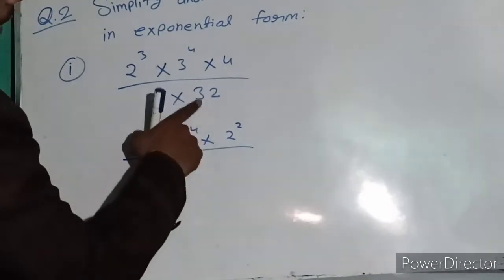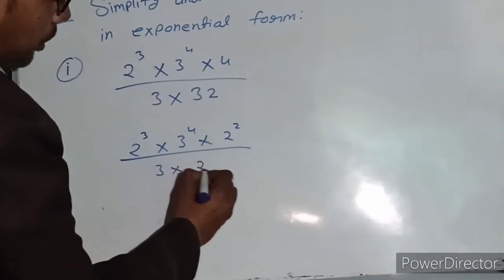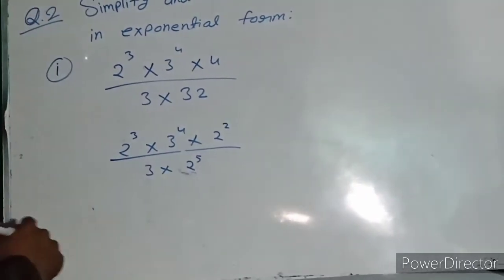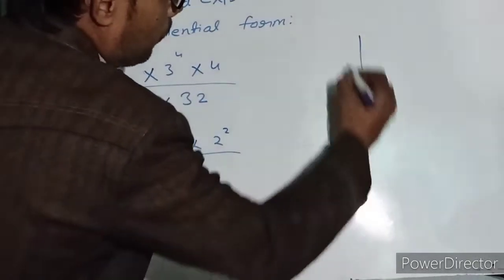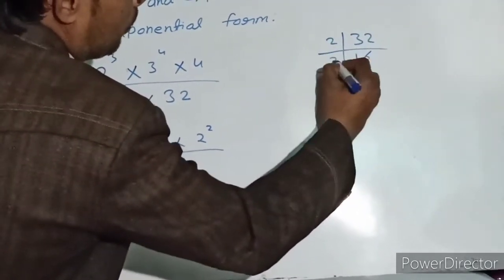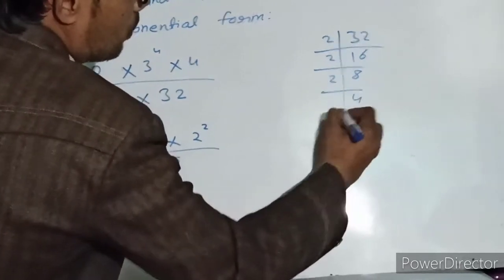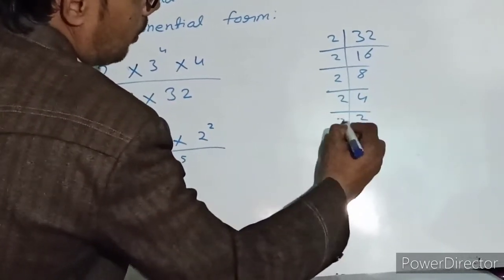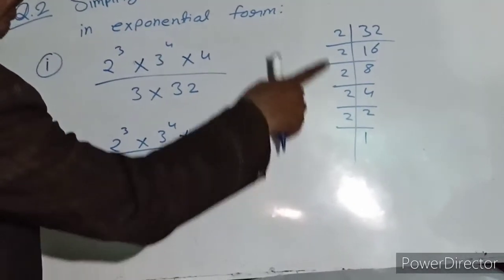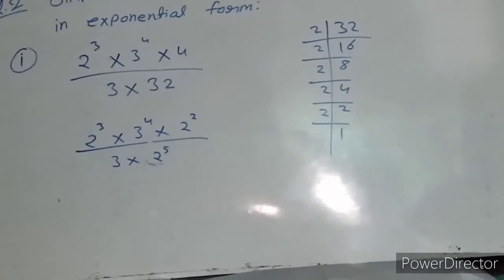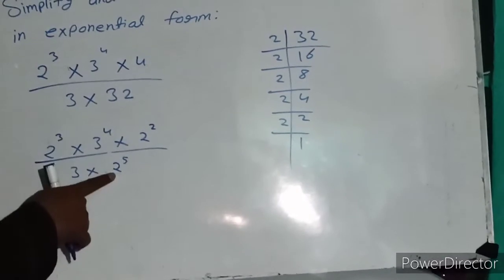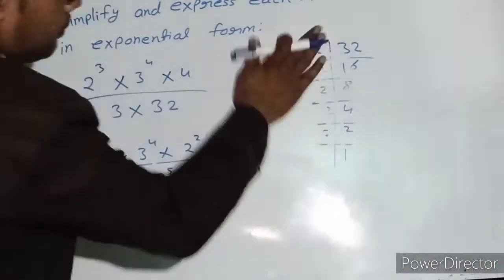Now 32 can be written as 2 raised to the power 5. Why? If you take out the factors of 32: 2 1s are 2, 2 2s are 4, 2 4s are 8, 2 8s are 16, 2 16s are 32. Here 2 is coming 5 times, so we can write 32 as 2 raised to the power 5.